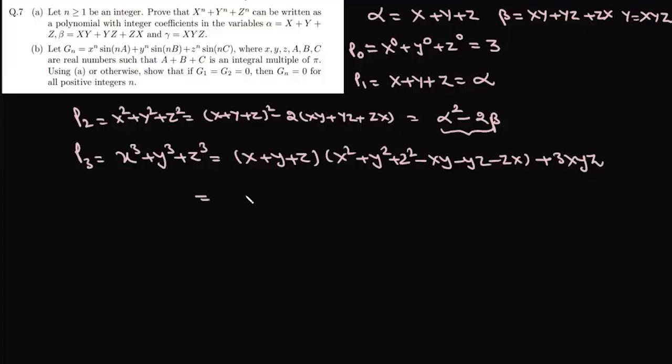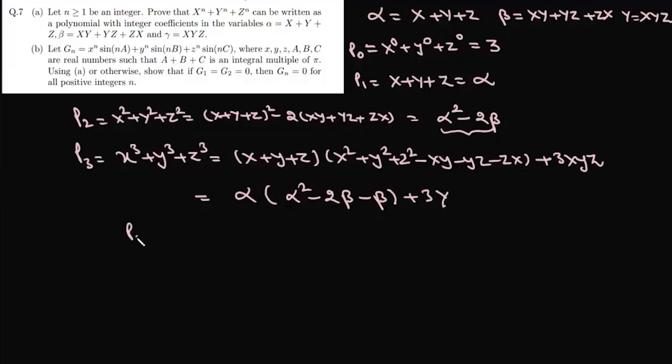Now this x plus y plus z is alpha. Now x square plus y square plus z square is alpha square minus 2 beta. And here xy, yz, zx is beta, and plus 3, and xyz is nothing but gamma.